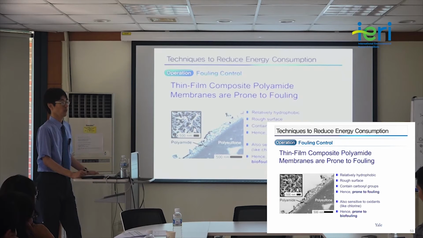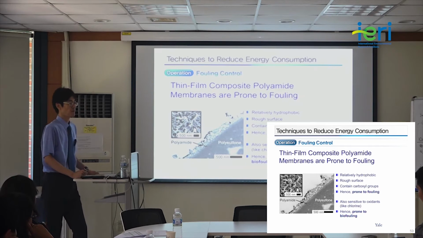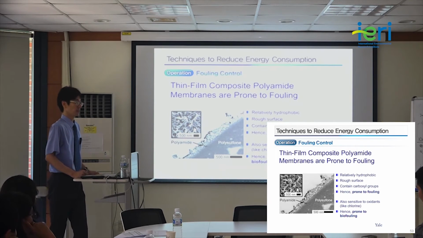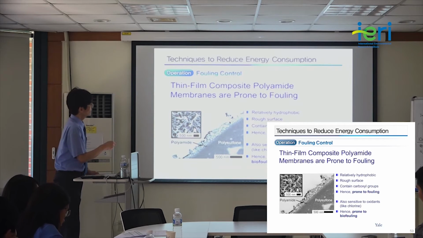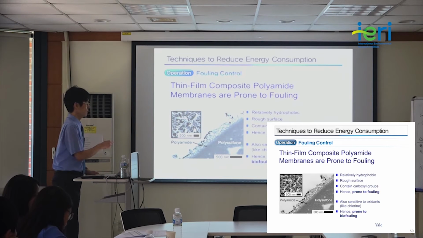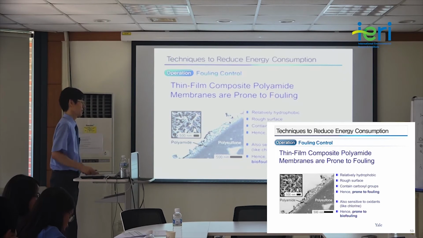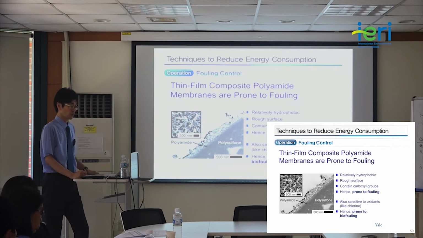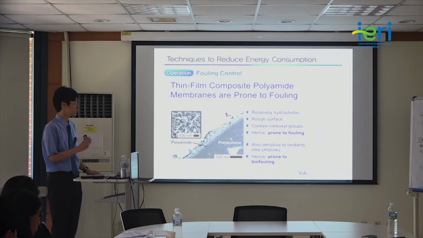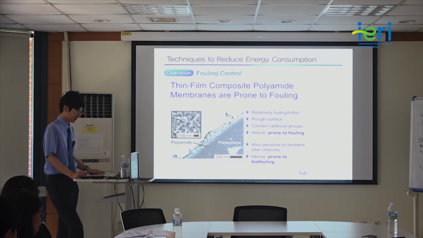So that's why we always have to experience membrane fouling when we use the reverse osmosis membranes. And again, this is vulnerable to the inorganic foulant as well as organic foulant and microorganisms. So it's also prone to biofouling.